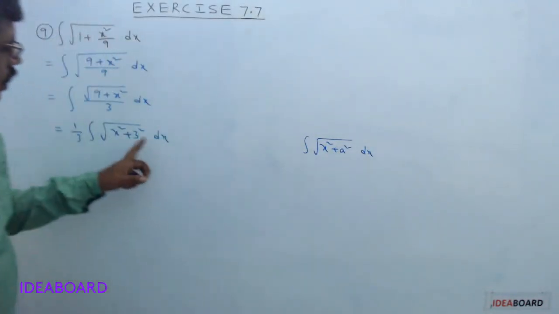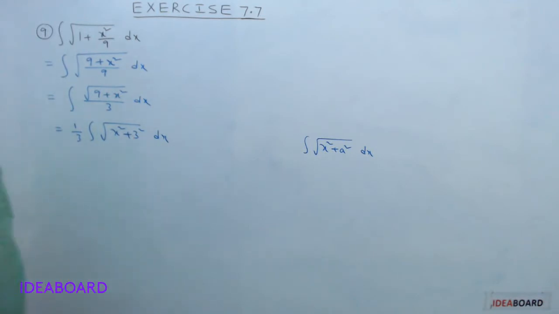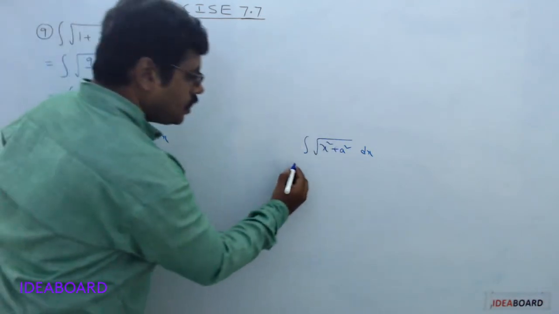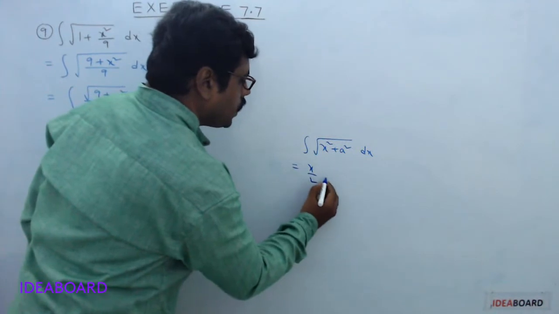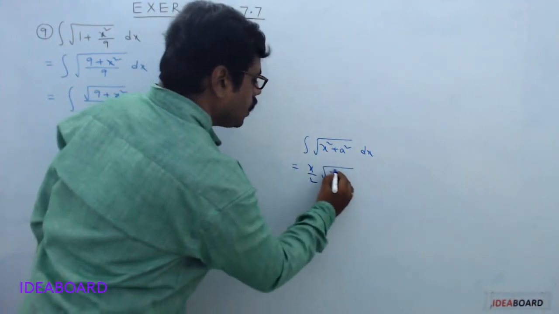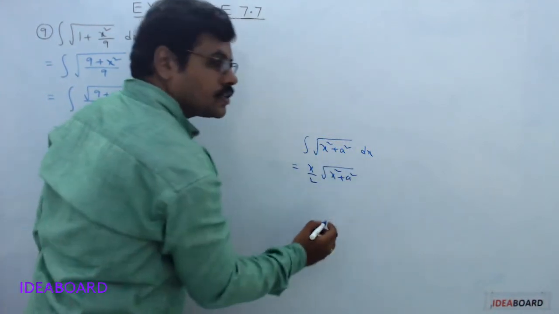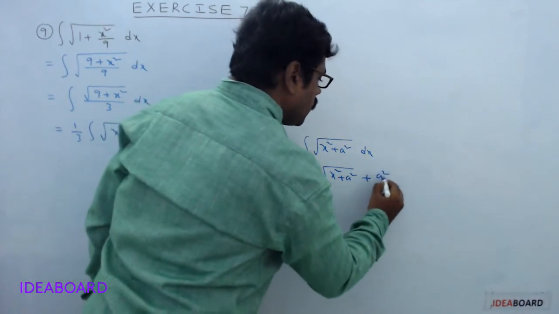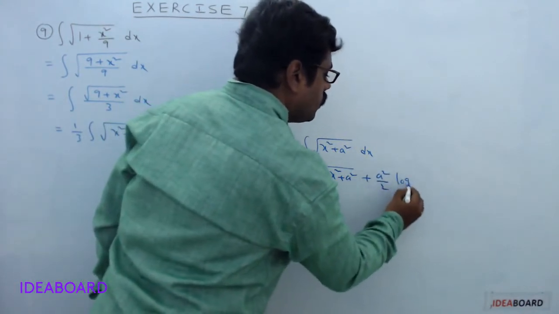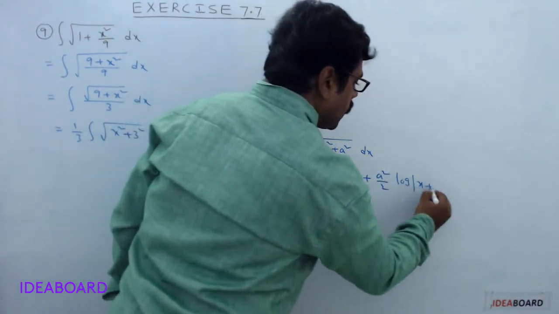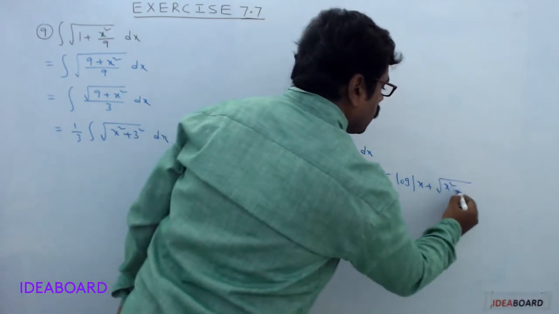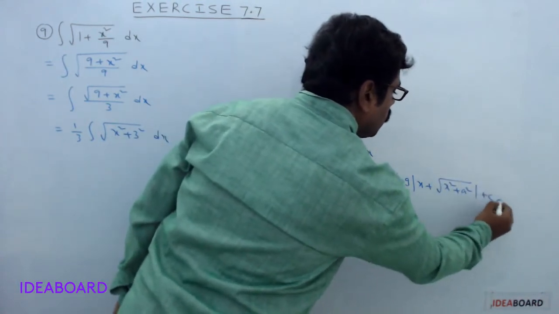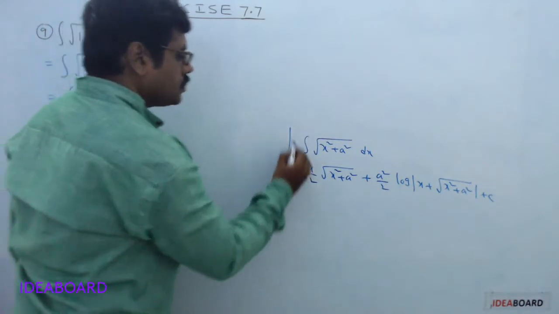In place of the constant term a, 3 will be there. What is its formula? It is x by 2 into square root of x square plus a square plus a square divided by 2 into log mod of x plus square root of x square plus a square plus a constant c.